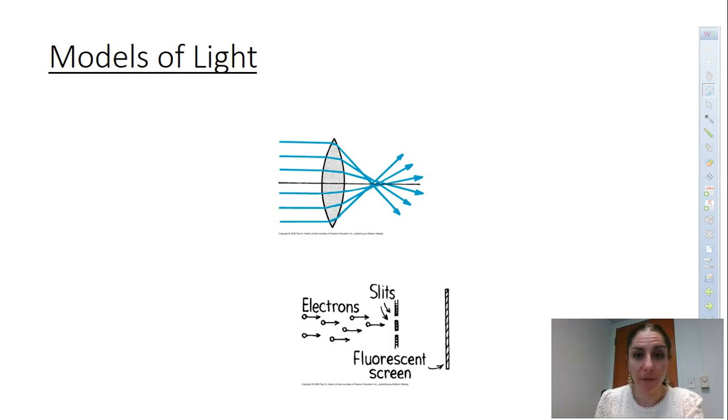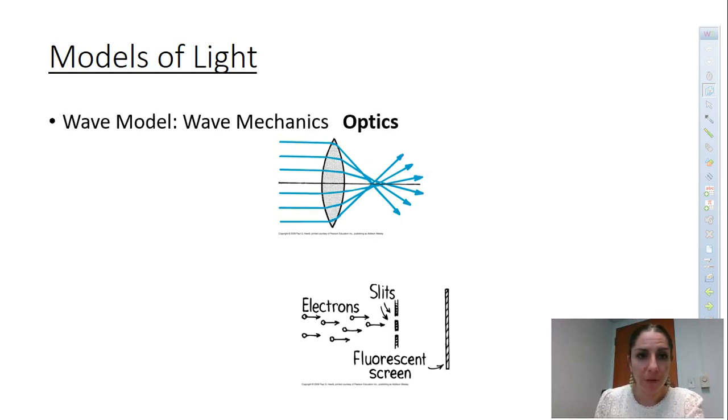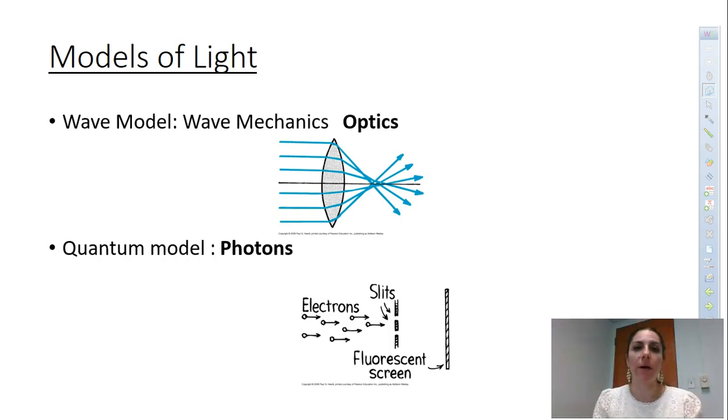So I'm just going to conclude the lesson with what light can do. So first of all, light is just a wiggling electron, and it's part of the spectrum, and in fact it's a specific wiggle of that electron. But actually, it turns out that light can be modeled a few different ways.